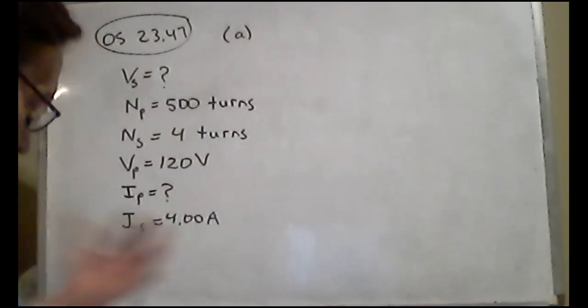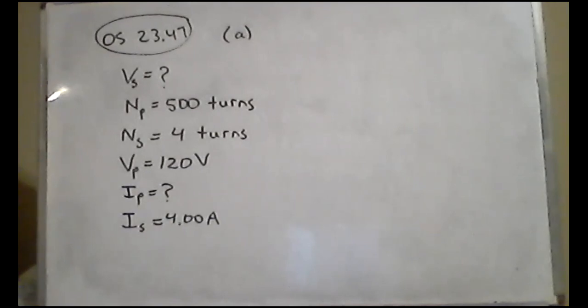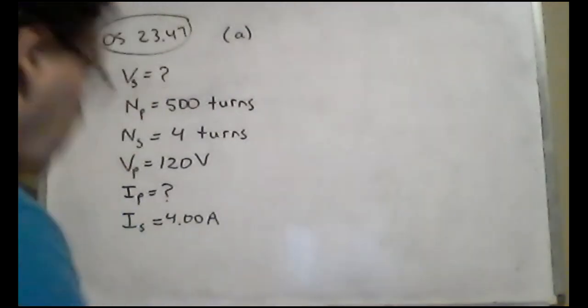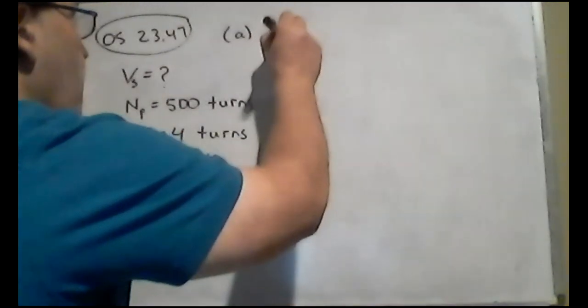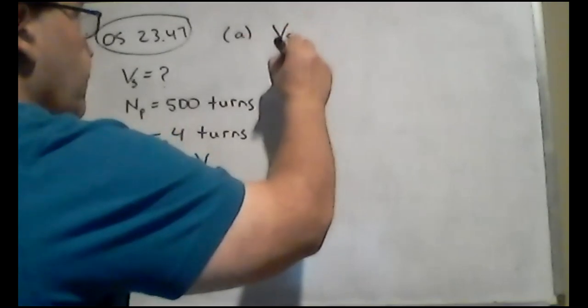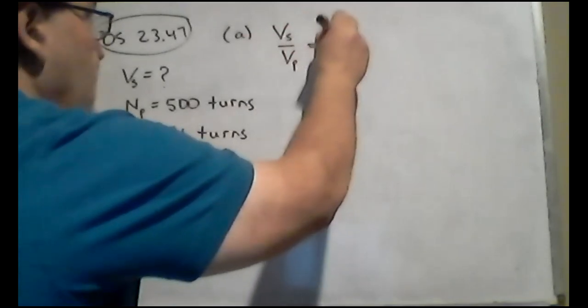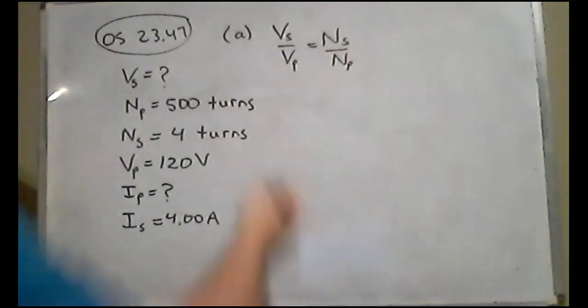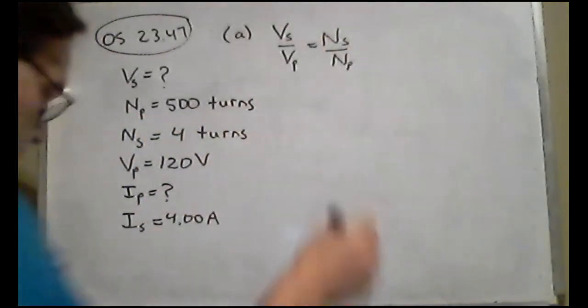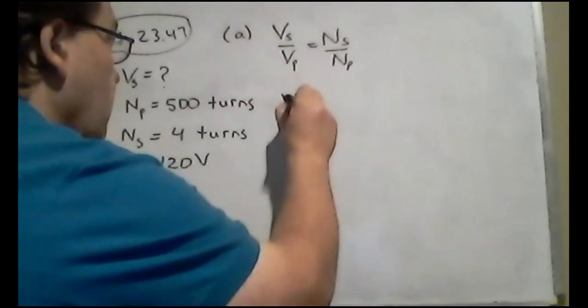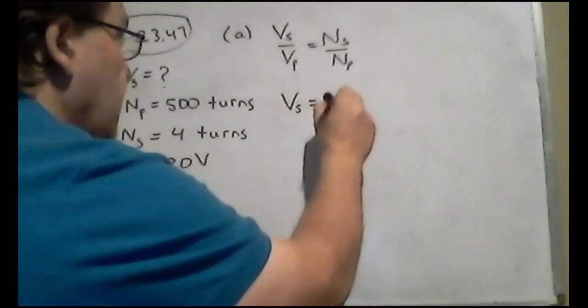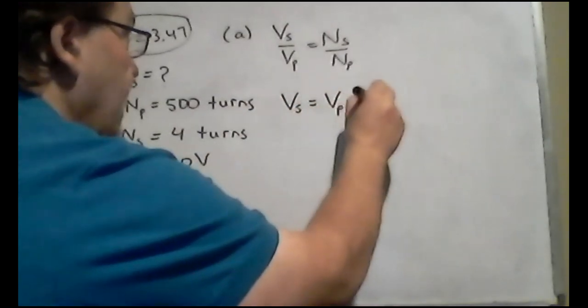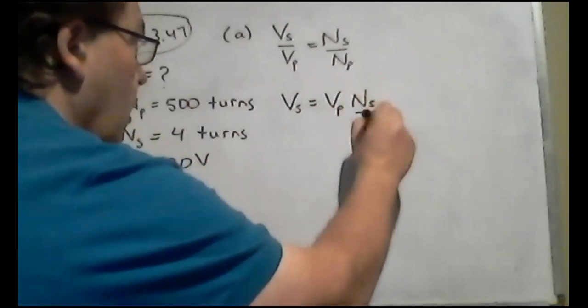I go straight to the appropriate transformer equation, V sub S over V sub P is N sub S over N sub P. I'm looking for V sub S, so I cross multiply by V sub P.